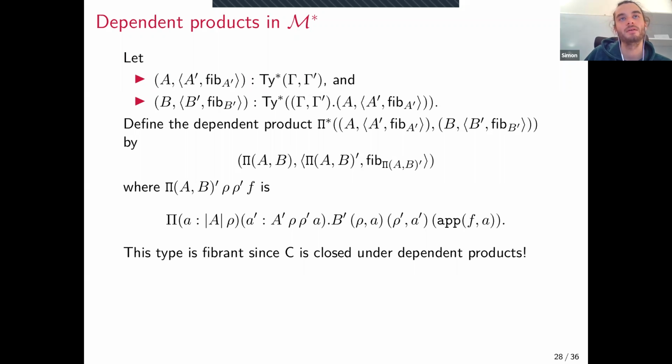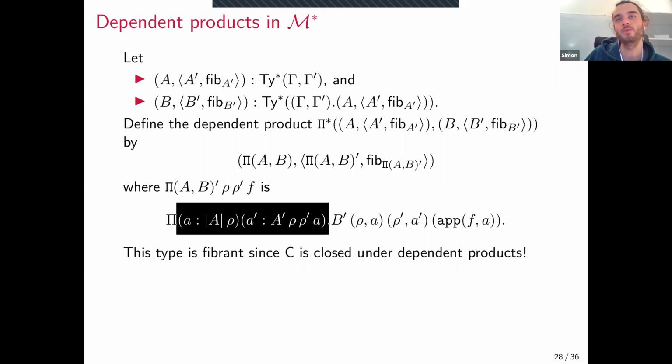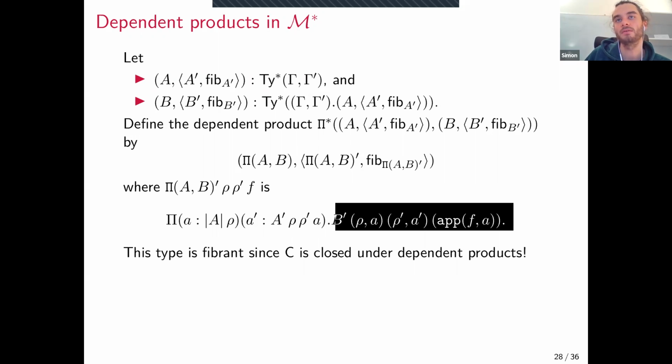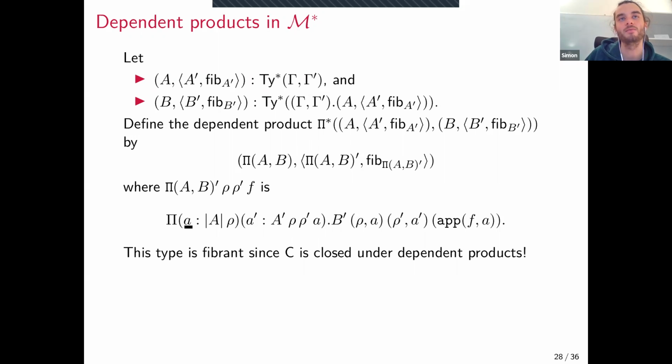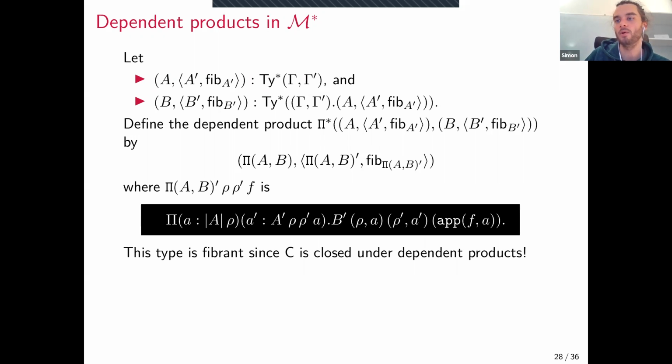F is computable if it sends computable input to computable output. So given a, which is computable, with a witness a prime, F of a is also computable. And then the fibrancy structure is really derived from what we know about the standard model.